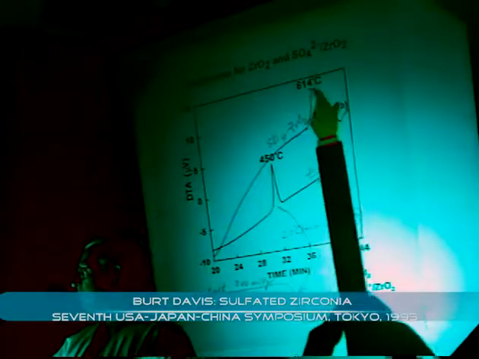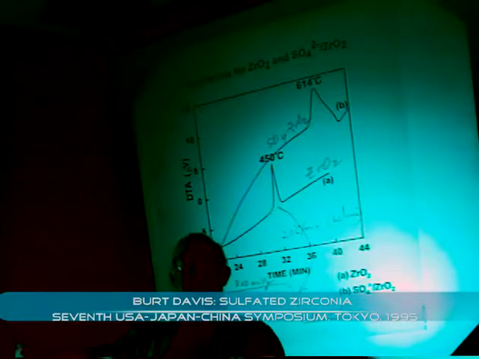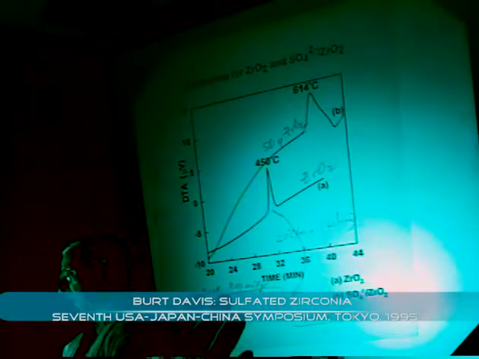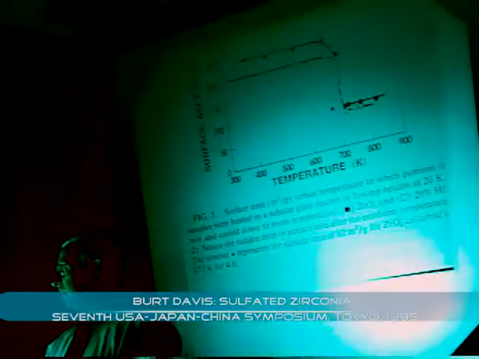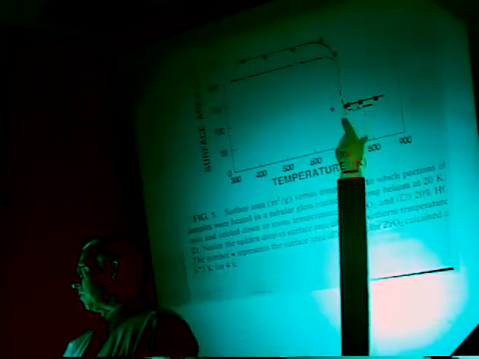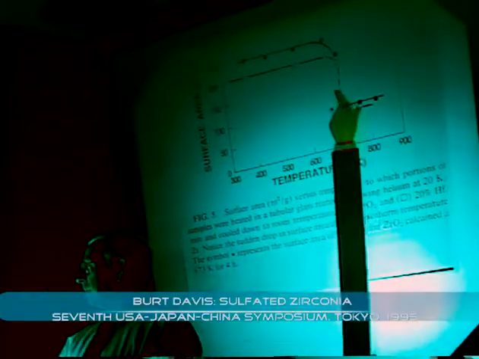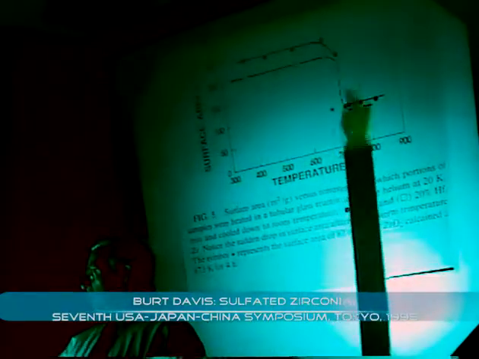The exotherm starts with the loss of surface area, but then becomes endothermic as the sulfate continues to decompose. This is just to show you that we do have real data for the loss of surface area for zirconia at the exotherm, and that it is associated with loss in surface area.